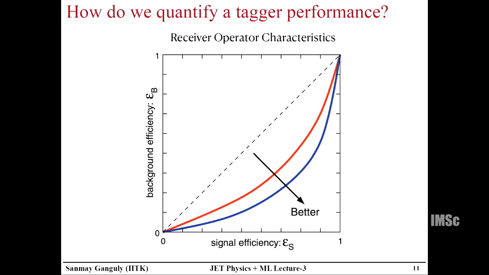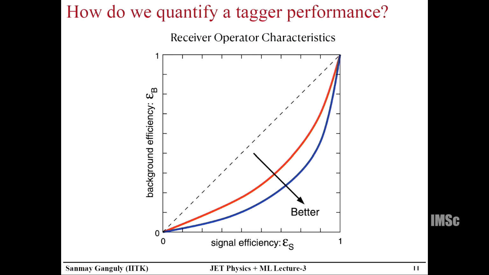So you slide the cut value and make this contour. If you have no idea whether a choice is good or bad, it's like tossing a coin where the outcome is 50-50, then you lie on this diagonal line, where you always have an equal amount of signal efficiency and background efficiency.